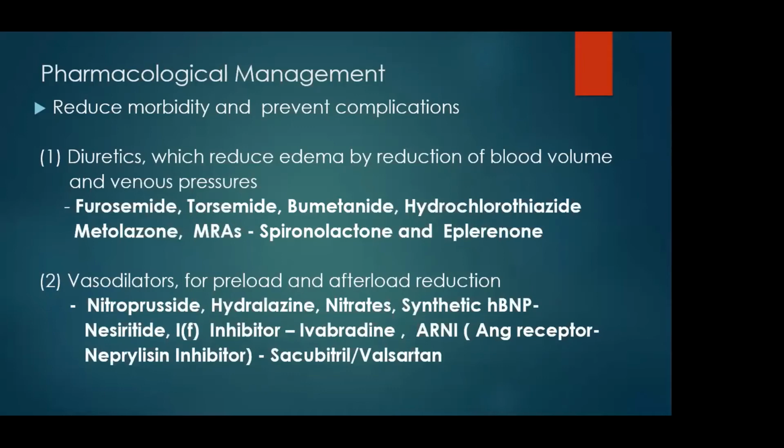Because there's some disturbance in the speaking system. Okay, spironolactone and eplerenone. And then come vasodilators for preload and afterload reduction, where there's nitroprusside, hydralazine, nitrates. And we were talking about the natriuretic peptides, or BNP. Synthetic BNP is available, which is nesiritide. So I've just written the name nesiritide.